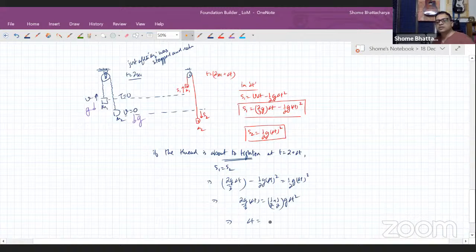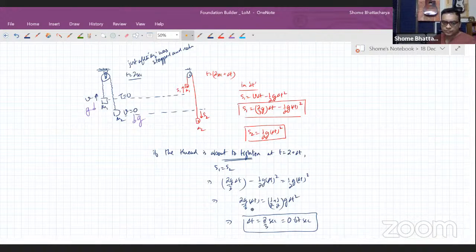So delta t will come out to be 2 by 3 seconds, or 0.67 seconds. The total time, of course, will be 2.67 seconds, but how much time later the string becomes tight again is 2/3 of a second, or 0.67 seconds.